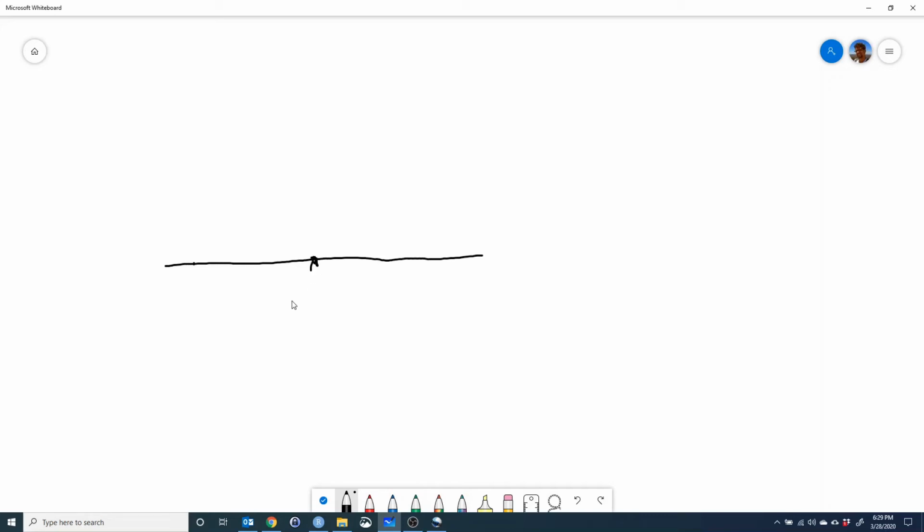A normal distribution is defined by a mean and a variance. And so let me see how well I can draw this normal distribution here. All right, it's not great, but hopefully this illustrates the point here. And so what we know so far is that the mean is equal to 0.1.